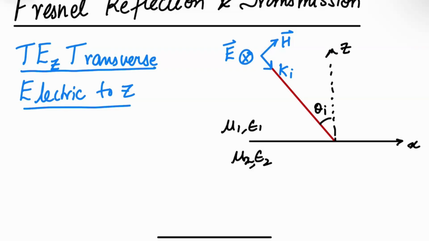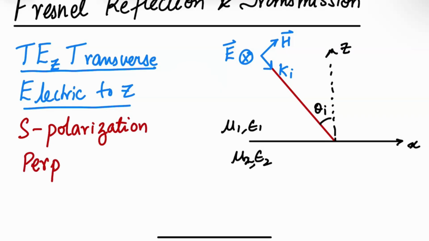The other case would be where this is the electric field and this is the magnetic field, right? Then in that case, the magnetic field would be transverse to Z and that is called TM to Z. Sometimes the TE to Z case is also called S polarization, more in the optics literature, or also called perpendicular polarization.